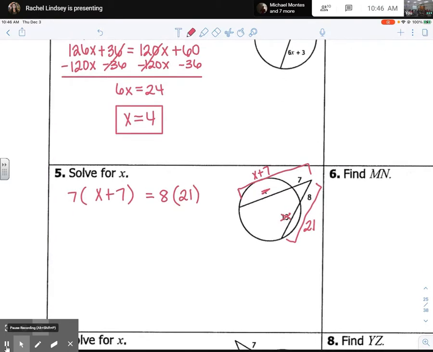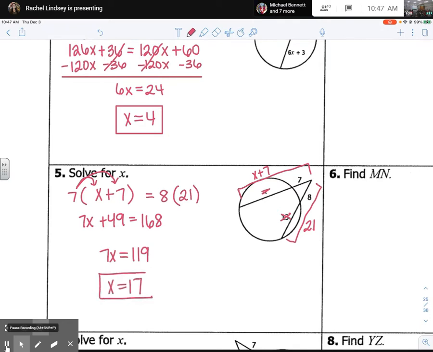So 7 times x, 7x. 7 times 7 is 49. And 8 times 21 is 168. Subtract that 49 from both sides. 119. And what's 119 divided by 7?